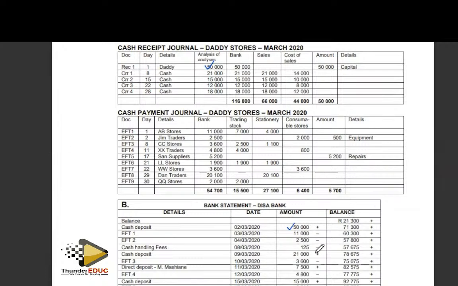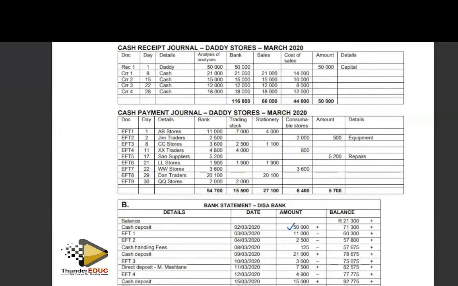Remember, I'm first looking for the, sorry, just a moment. We are comparing the bank account, not the cash receipts analysis. So this is what I'm looking for. Okay.